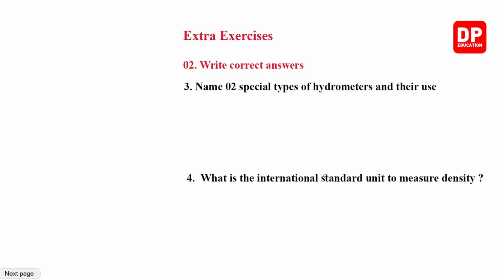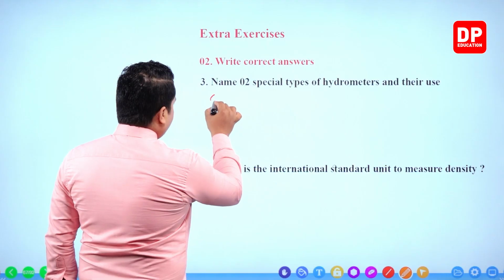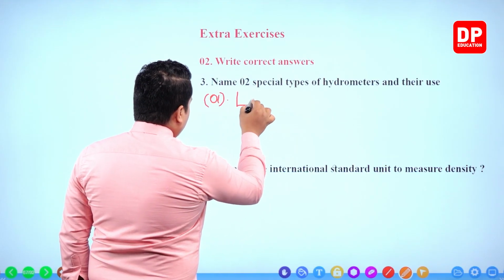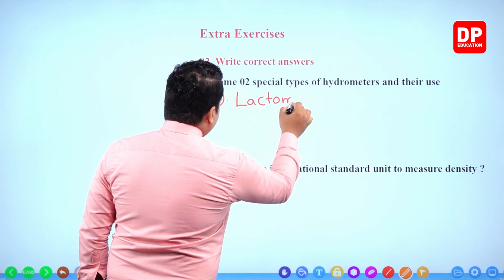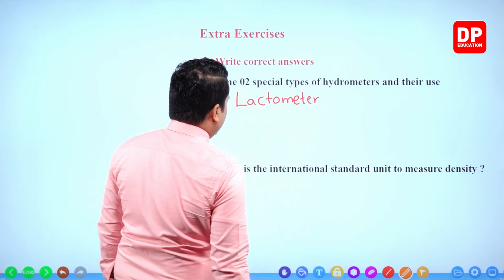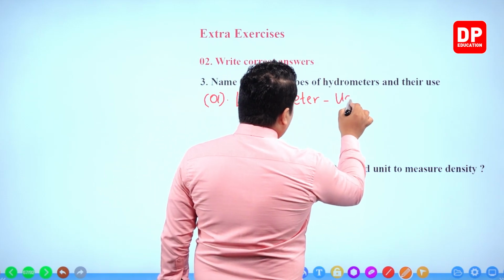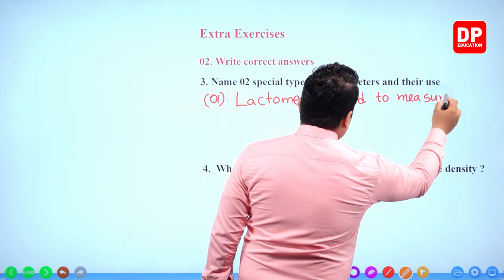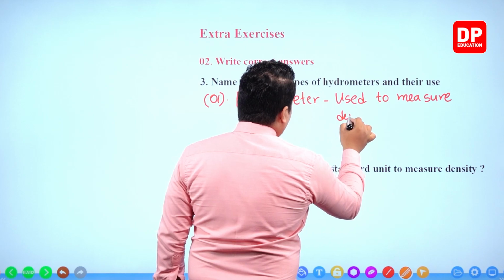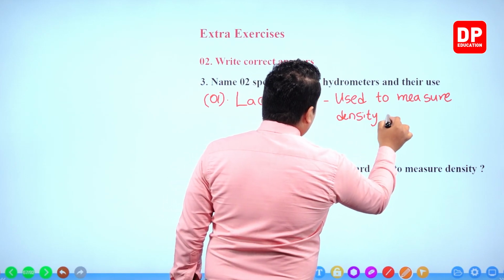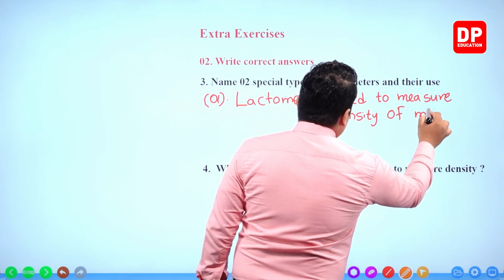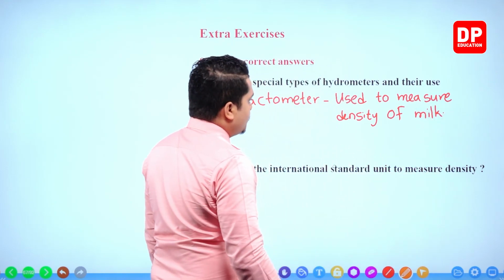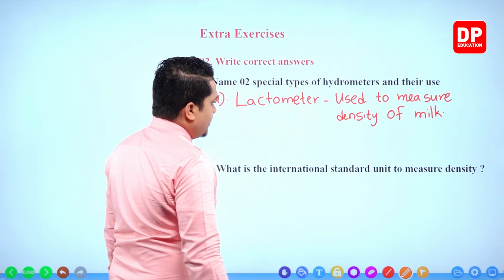Right. Name two special types of hydrometers and their use. Two special types of hydrometers. Number one, lactometer, used to measure density of milk.